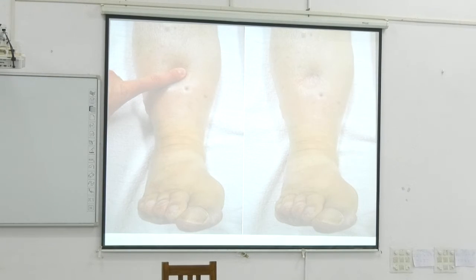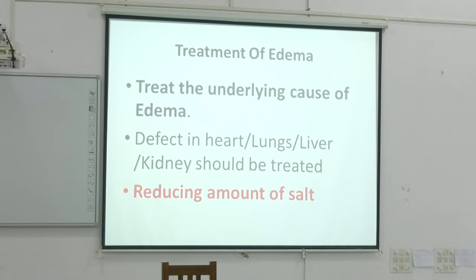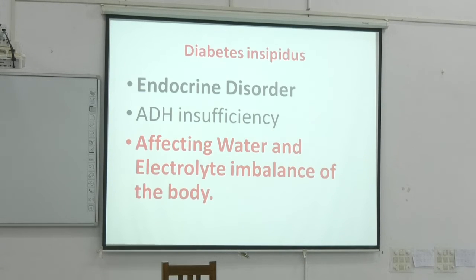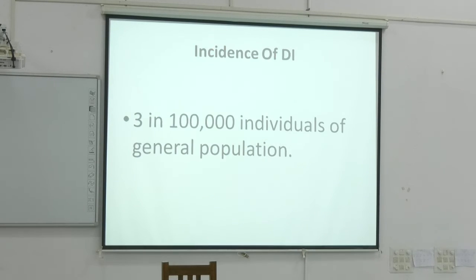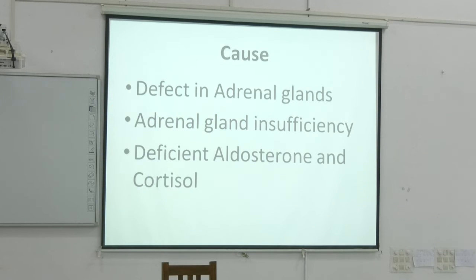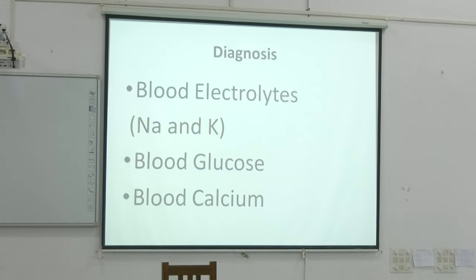There are several types of edema. Consequences of edema: diabetes insipidus, which is related with ADH. Addison's disease, you know, is related with the secretion of aldosterone hormone, a mineralocorticoid.